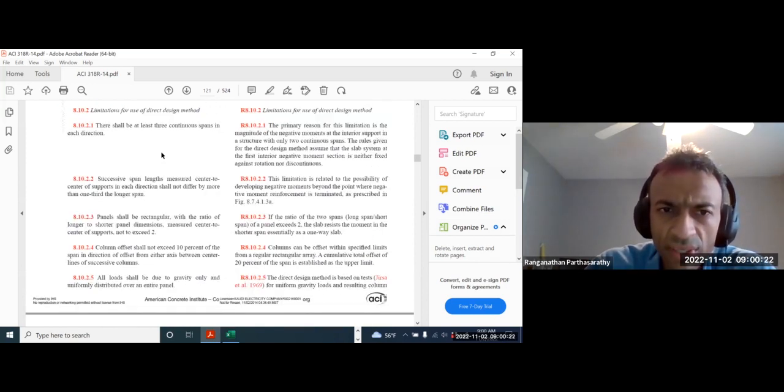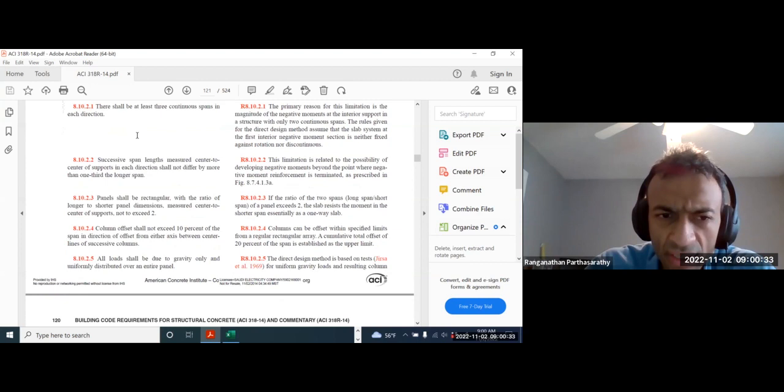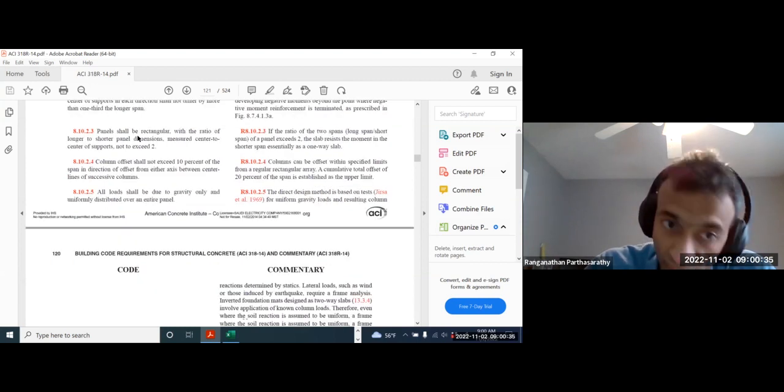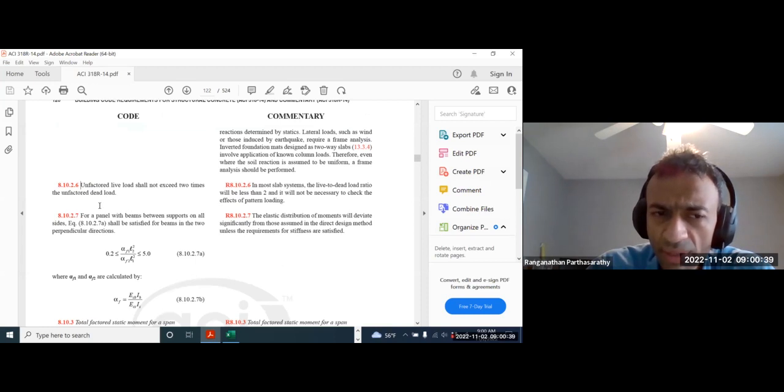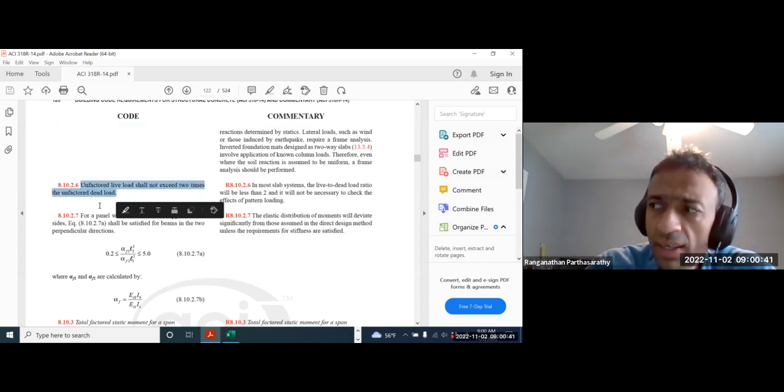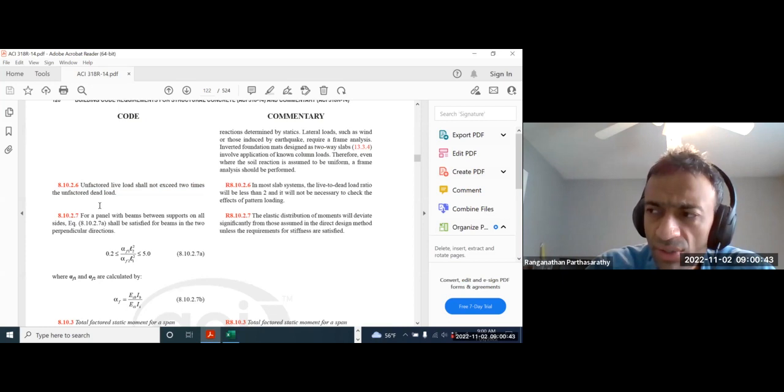Then you need to check your long span to short span ratio. Then how many spans minimum in each direction, and then there is more. Unfactored live load shall not exceed 2 times unfactored dead load. I think Mercy mentioned that when you have special cases of loading, some of those criteria may not be satisfied.